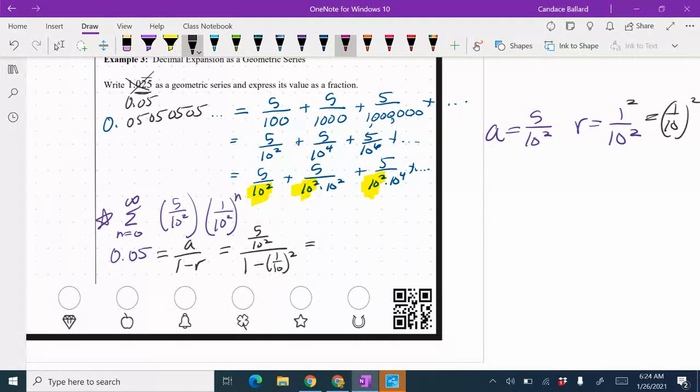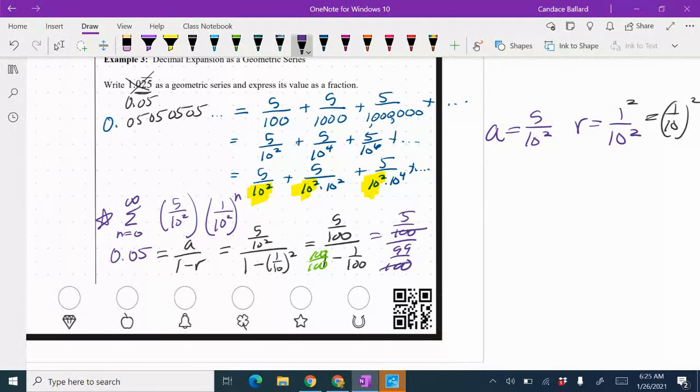So that's the same as saying 5 over 100 over 1 minus 1 over 100. Or I could rewrite the 1 as 100 over 100. So when I go to simplify this, I get 5 over 100 over 99 over 100.